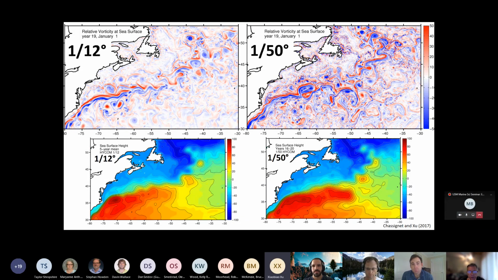Yeah, I don't think much would happen. That's my guess. Shabbat ran some simulations at 1/12th degree with 64 layers instead of 32, and there was not that much of a difference between the two simulations.